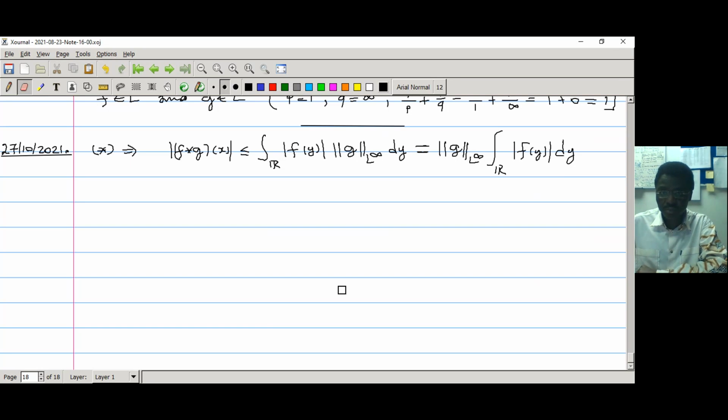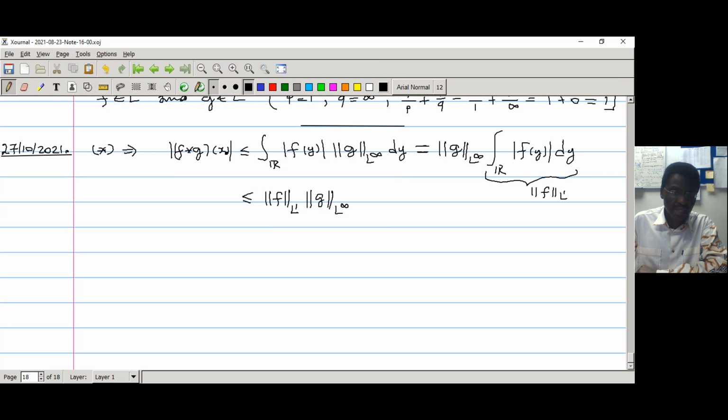So this, like this, is the L1 norm. So I can say that this is less than this norm times that norm, which I can rewrite here. So less than or equal to the L1 norm of f times the L infinity norm of g.